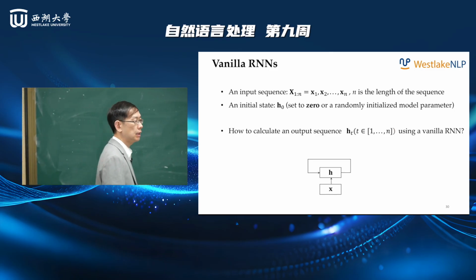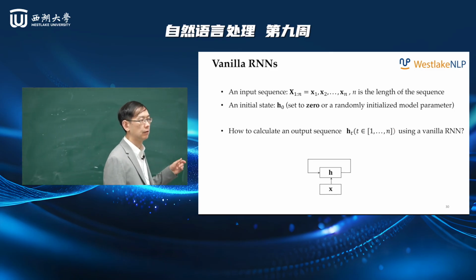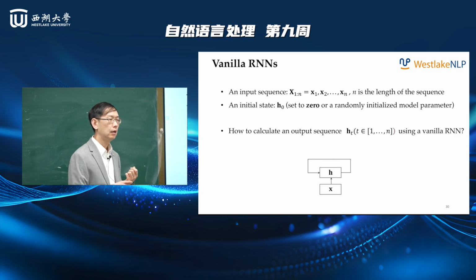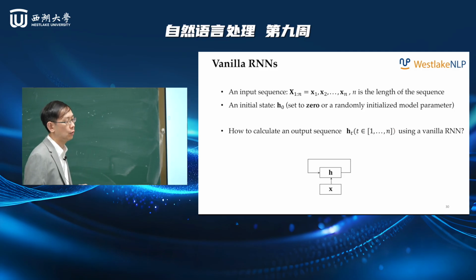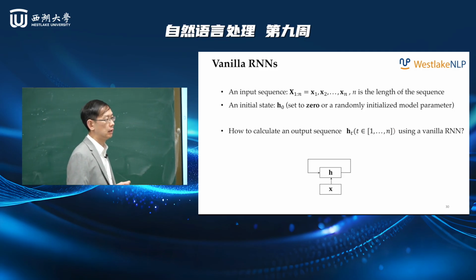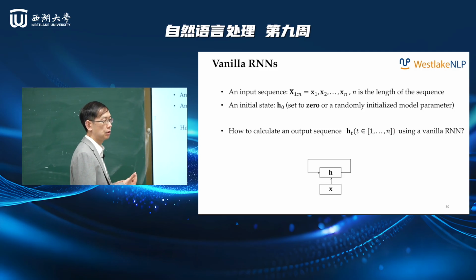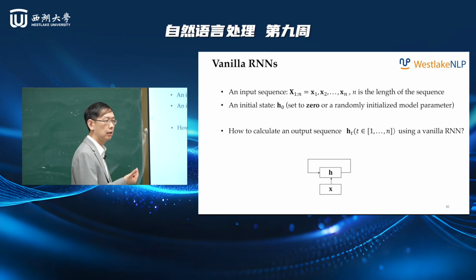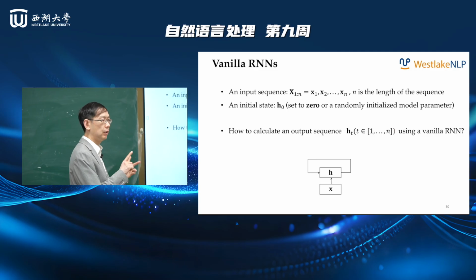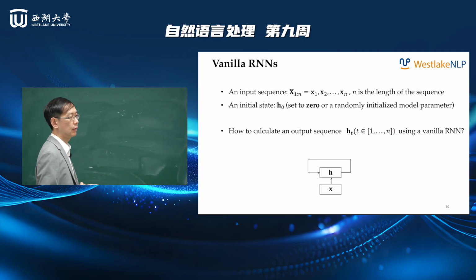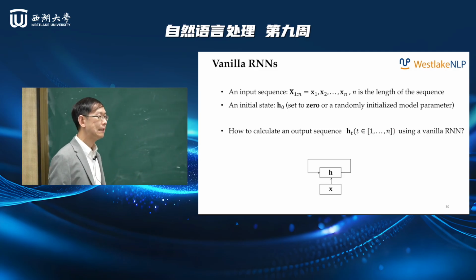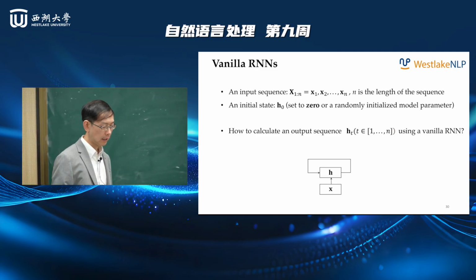The state machine has a current state h, which is a vector. At every time step, it takes the current x, the current input embedding, as input, and integrates information between h and x to create h for the next time step, right? So you only need one state that is dynamically updated.